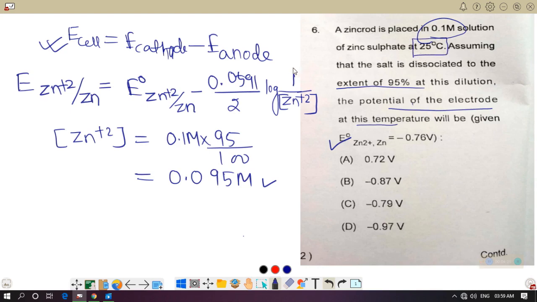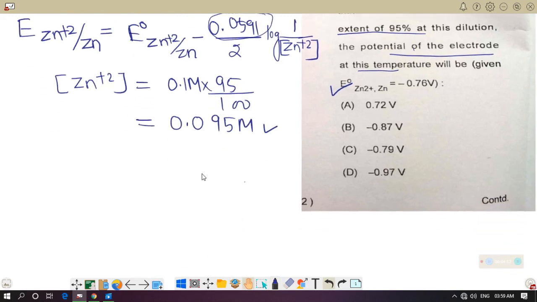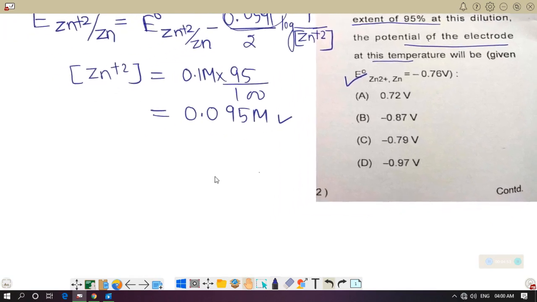And one more important thing: the 0.059 term is used when 25 degrees Celsius, that is room temperature, is given, otherwise this formula will not work. So we have to put the values, and we will finally get the answer.